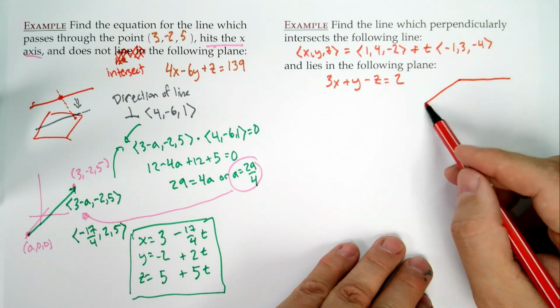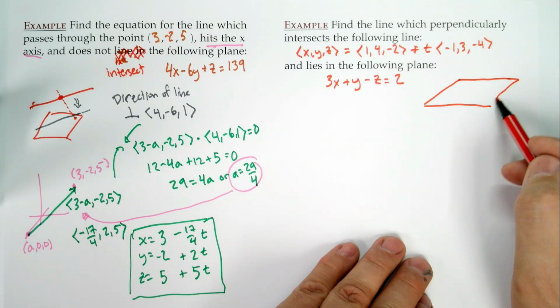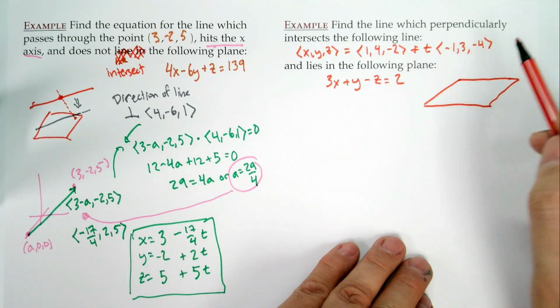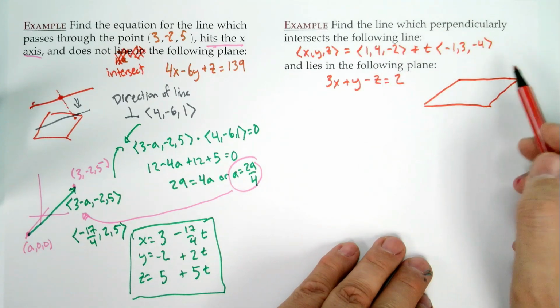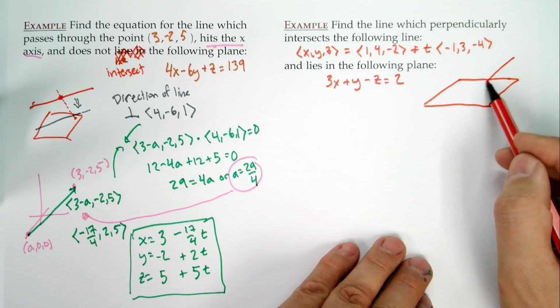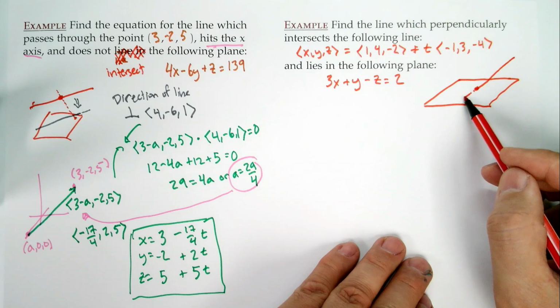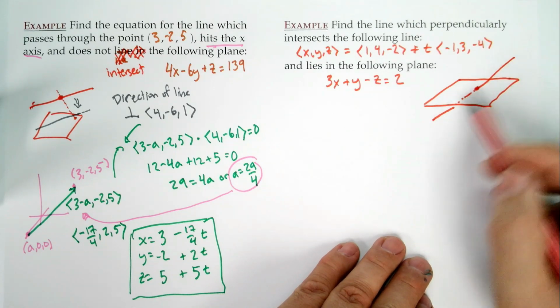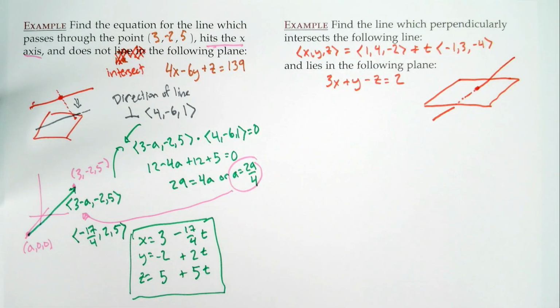So here's our plane. And then we have this line, and it's going to intersect the plane. It's coming in, so here it comes in, it hits, and then it passes through. All right, so this line. We want to find a new line, and it has to satisfy the following.